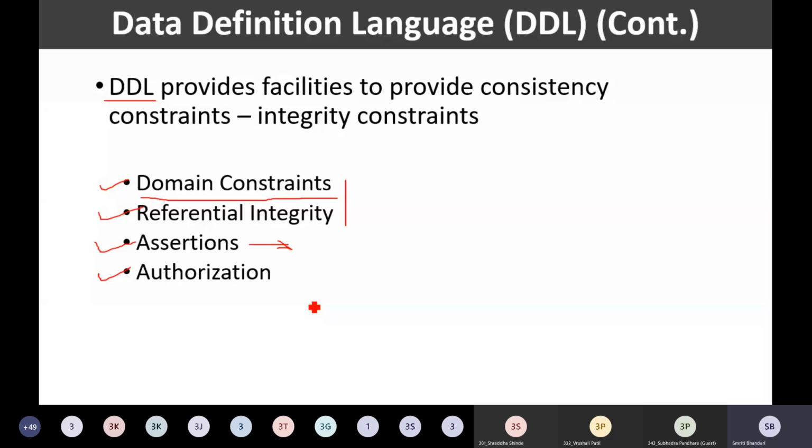But the student will have only read authorization for specific data, for example attendance data. Am I clear? Any doubts? Please go ahead with the doubts.